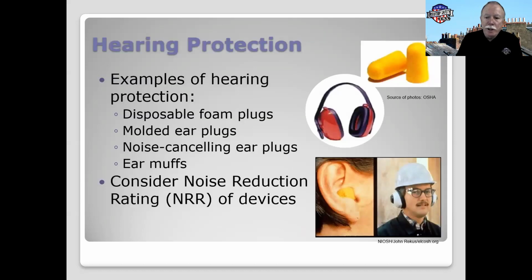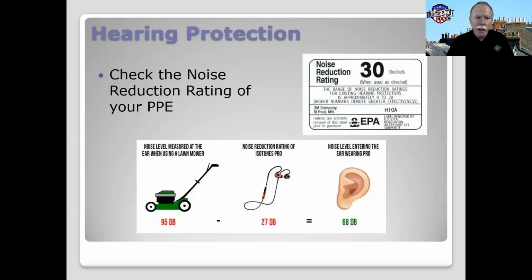Hearing protection comes in lots of forms: ear muffs, ear plugs. There are also noise canceling units that use electronics to block out the noise. Any of those things are available. And each piece of hearing protection has a verified noise reduction rating.